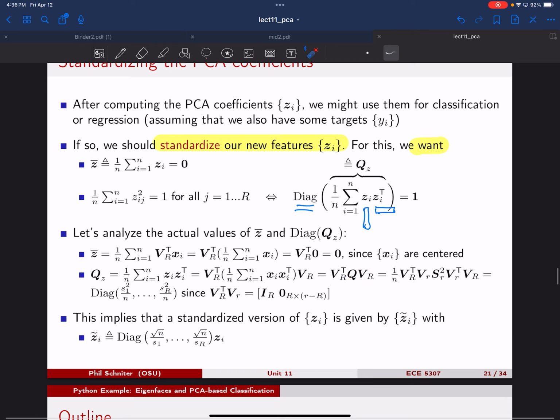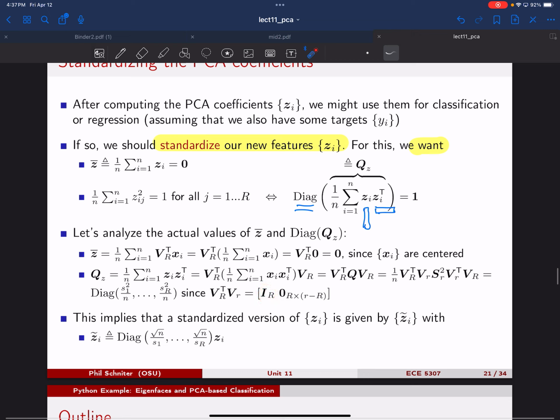But Q, we know, has this expression. This is plugging in the economy SVD, the 1 over n. And it turns out that this V_r has little r of those same columns, from the big R orthogonal columns. So when you do this multiplication, you end up getting a matrix that has an identity and then zeros to the right of it.